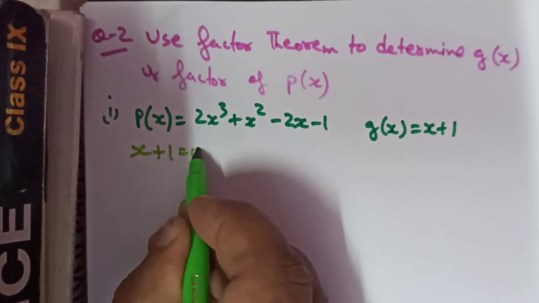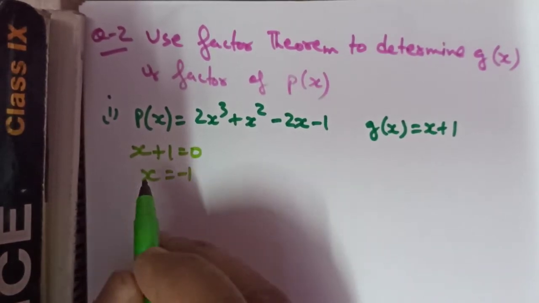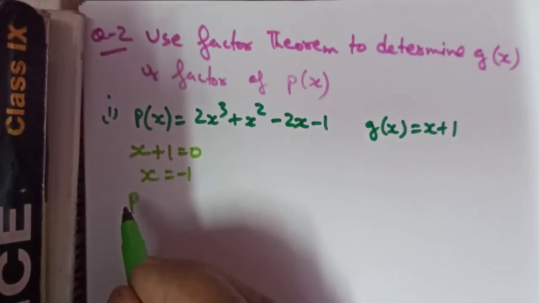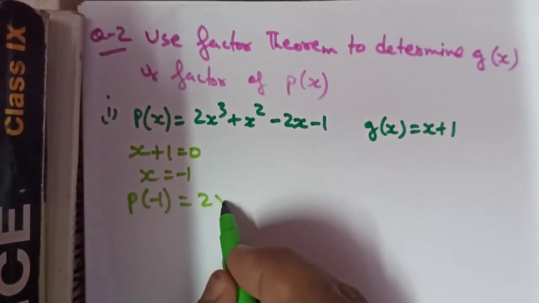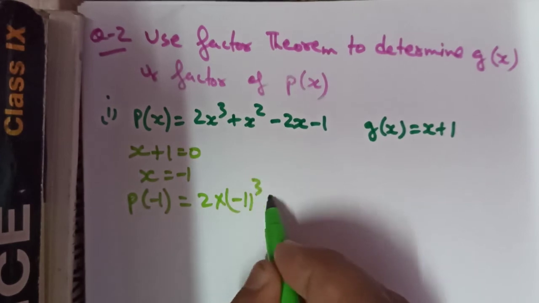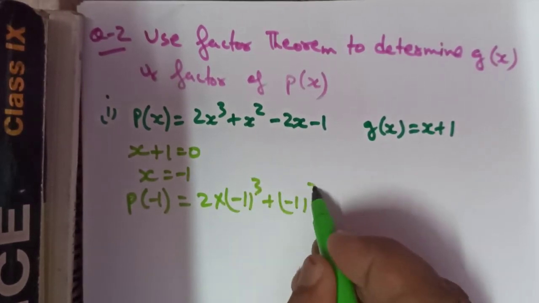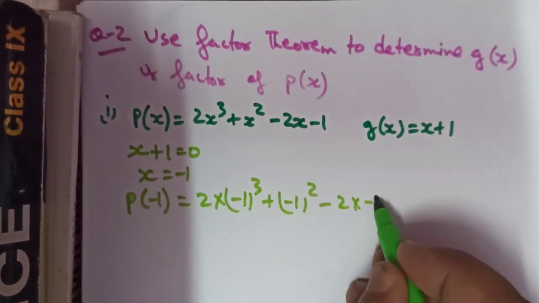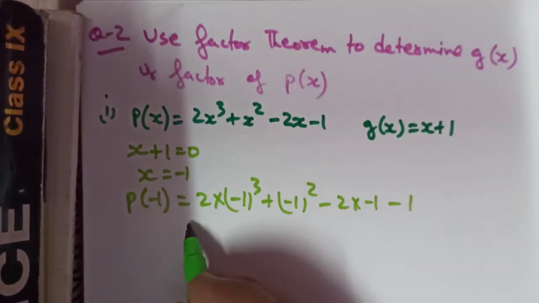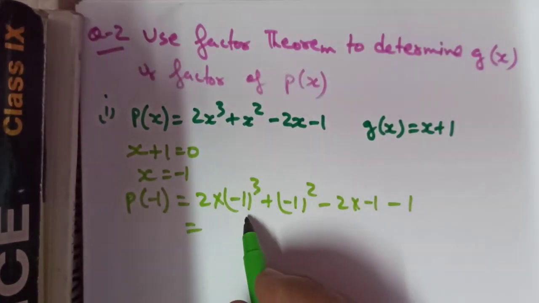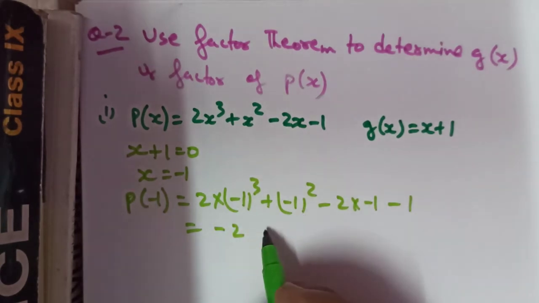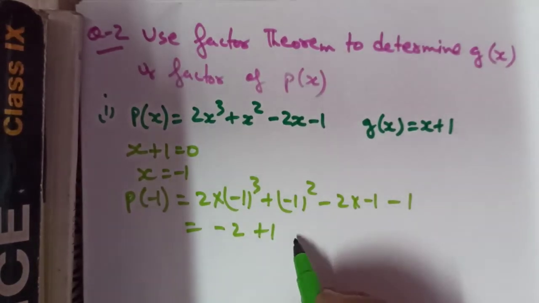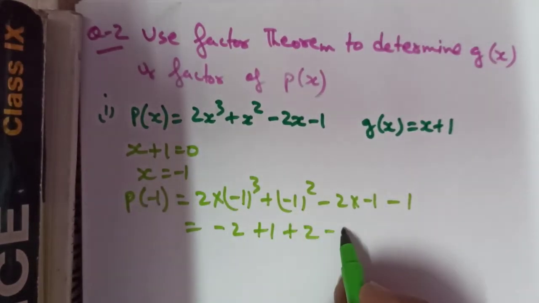So x plus 1 equals 0, x will be equal to minus 1, and then we will find p(-1). So p(-1) will be 2 times (-1) cube plus (-1) square minus 2 into (-1) minus 1. So minus 1 cube is minus 1, times 2 will be minus 2, minus 1 square is plus 1, and minus into minus will be plus 2, minus 1.